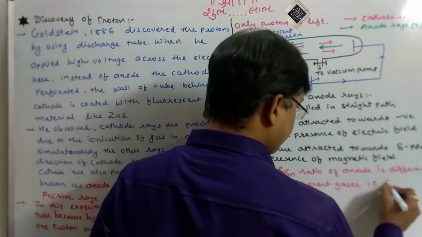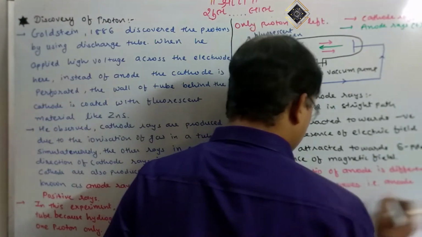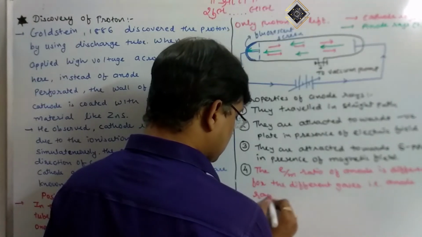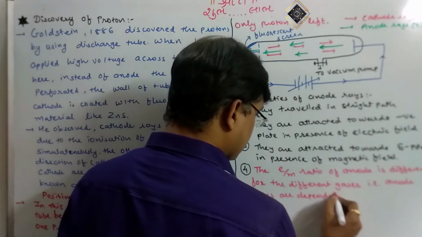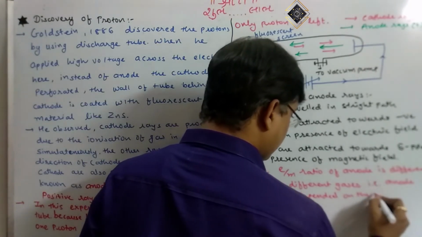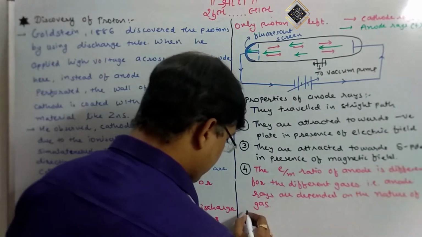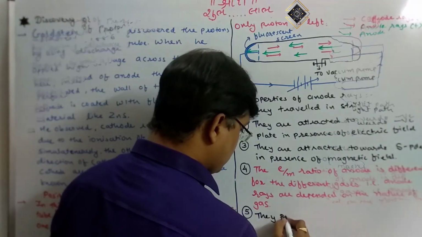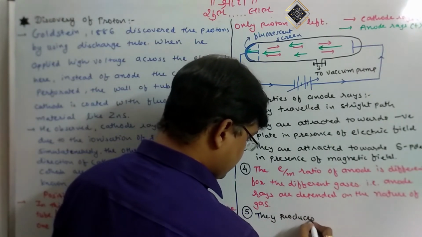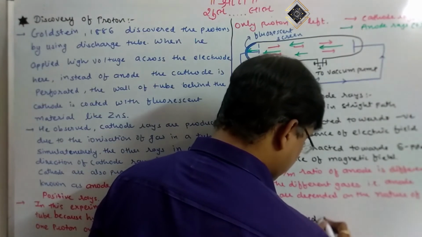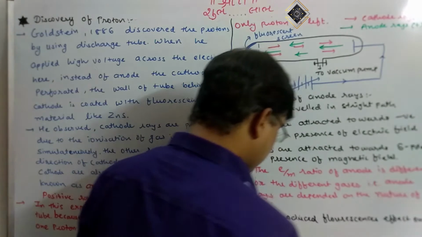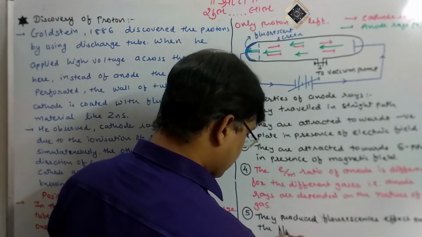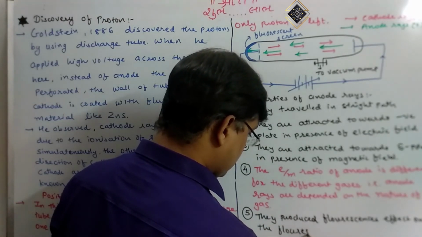That means anode rays are dependent on the nature of the gas. The fifth one, they produce a fluorescence effect on the fluorescent screen.